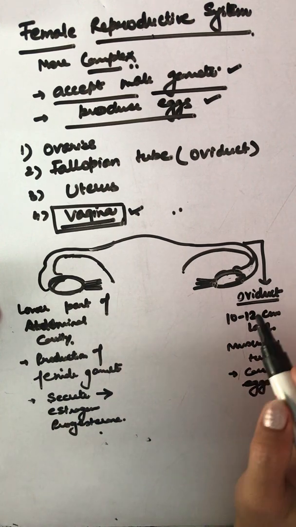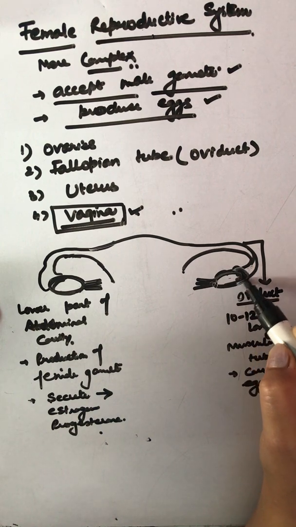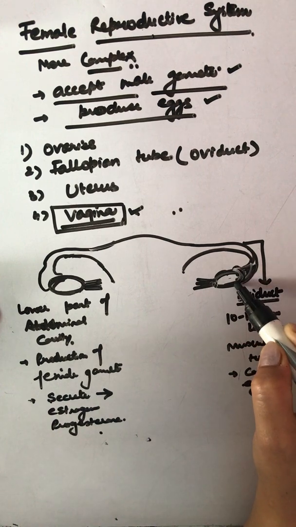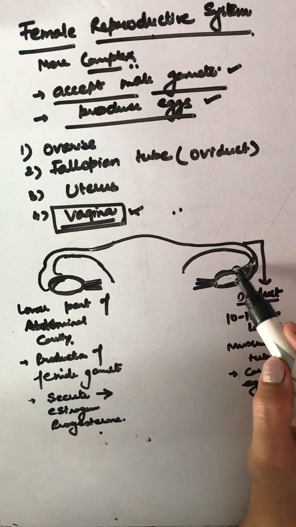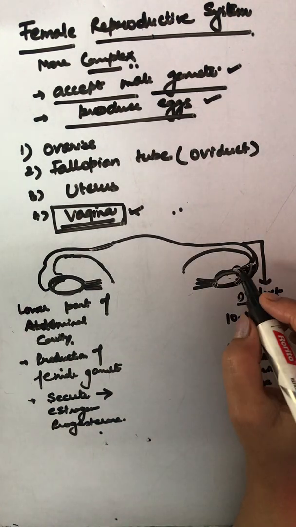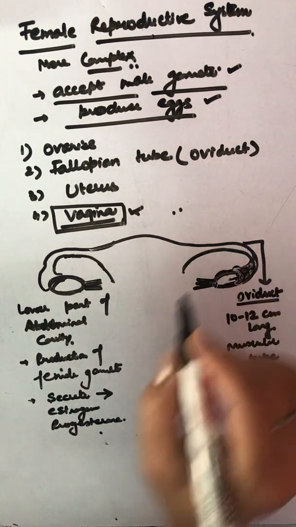This funnel shaped opening lies near the ovarian region, at one corner of the tube. This is the one which receives the egg when it is mature. From here the egg passes forward.